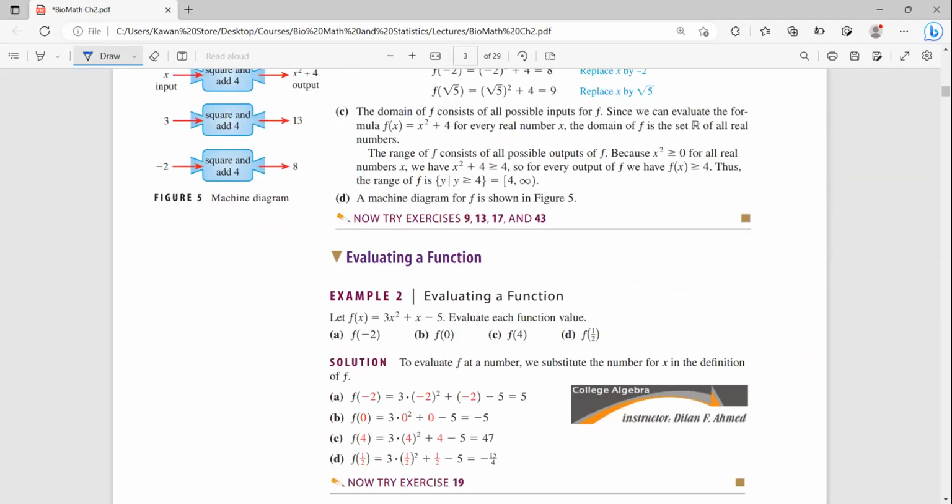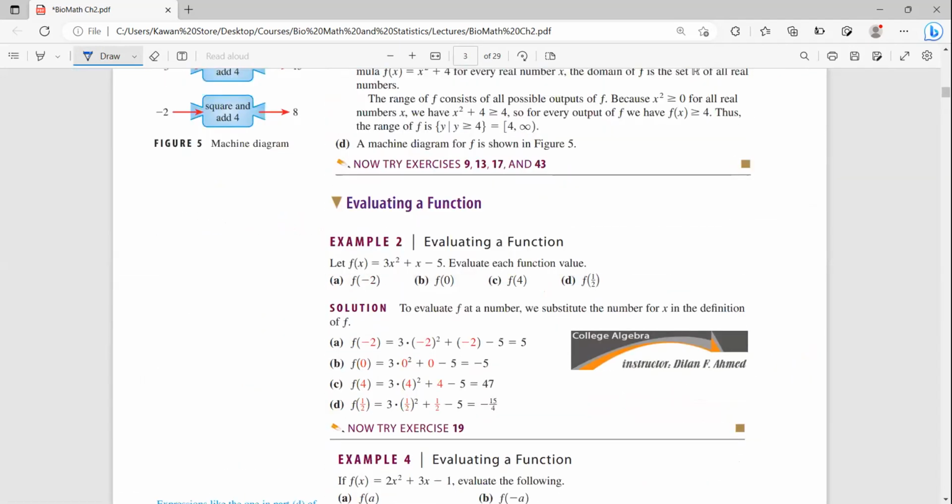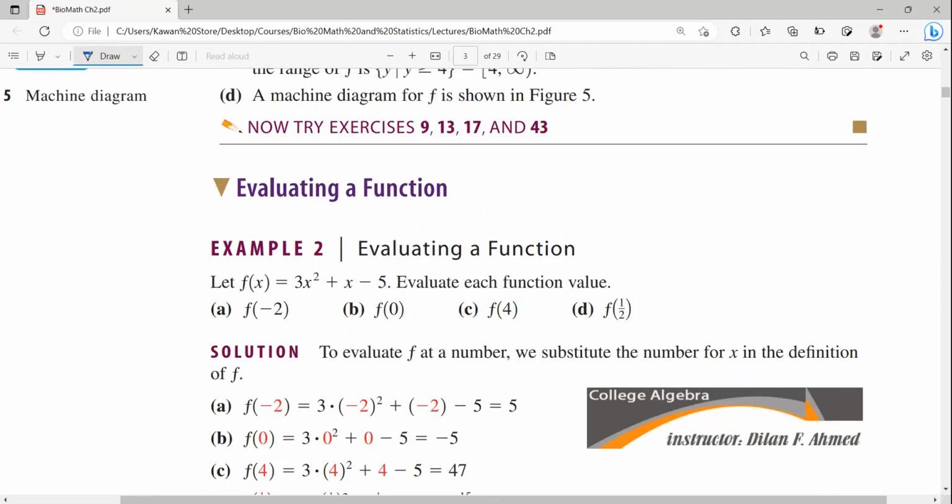As part of evaluating, let me give you a simple example.